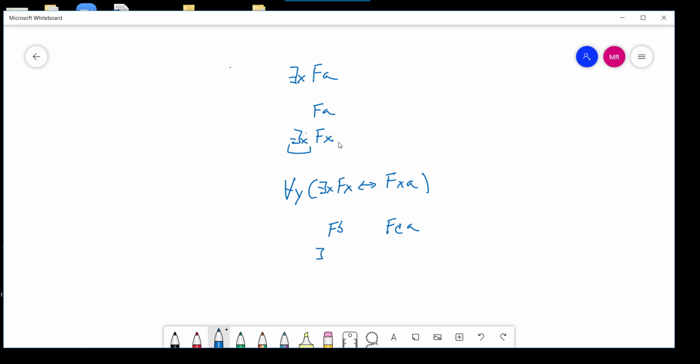And then by Rule 3, we can go to there exists an x f of x, which captures that, right? And we can just bring down the f c a with a biconditional like that. But then we're stuck, right? Because if we add on for all y, there exists an x f x, if and only if, it's got to be y that goes in for c, f y a.